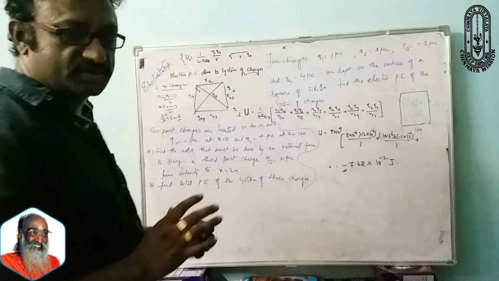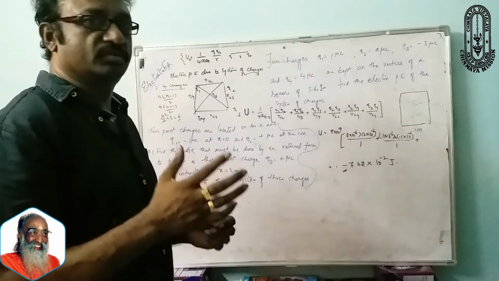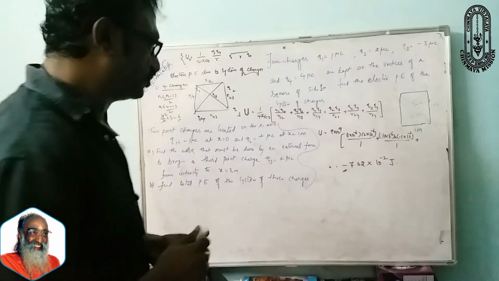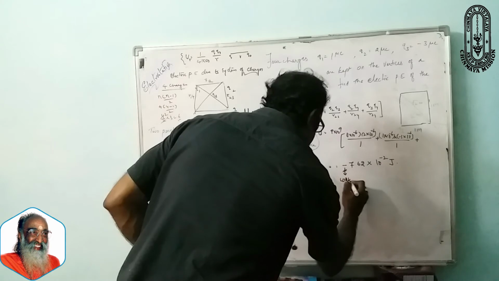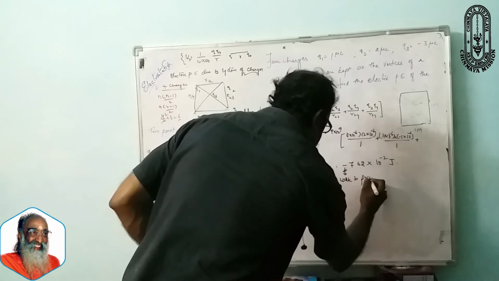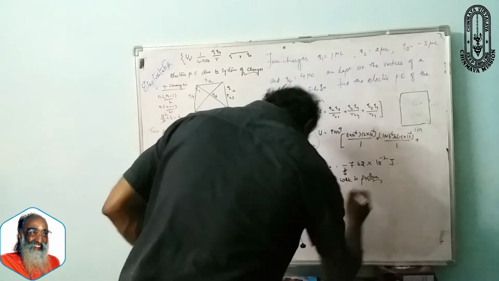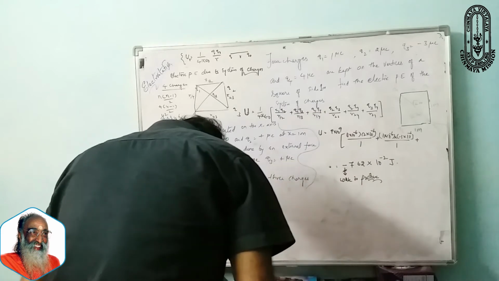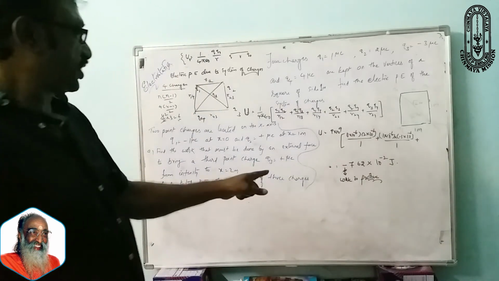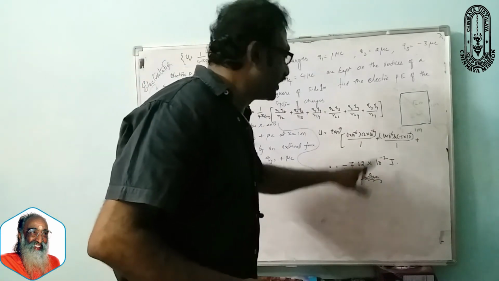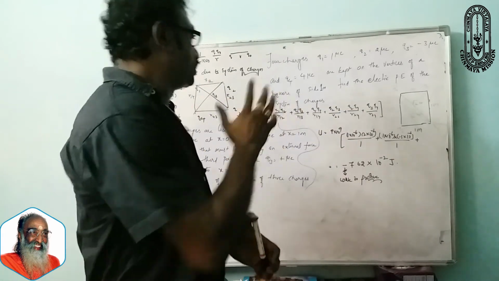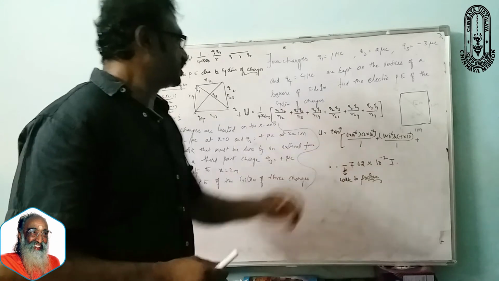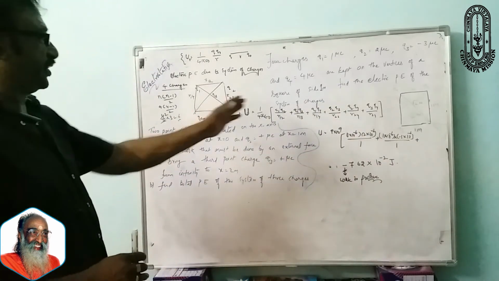If the system potential energy is negative, the work will be positive. So by this negative sign we say that work is positive. This work is done by the electrostatic force. So work done by the electrostatic force is positive. Okay, so this is the simple problem, just the application of the formula.